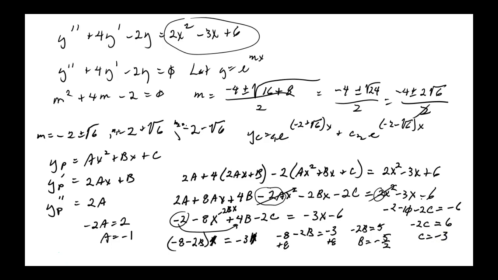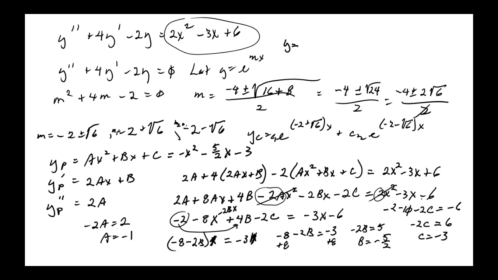All right. So would we plug that back into the y p now? Yes, you're absolutely right. So let's do it here. y p is equal to negative x squared plus negative 5 over 2 x plus minus 3. Okay? Now your general solution, y, is equal to your complementary solution, which was right here.